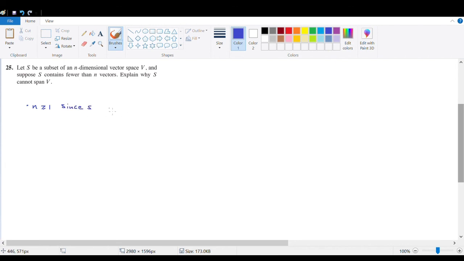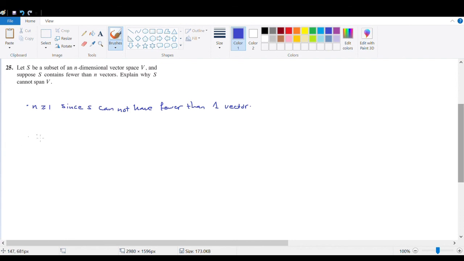Since S cannot have fewer than one vector, because we said that S is a subset of n-dimensional vector space V. So if it is a subset, that means it contains at least one vector or more. So that's why we assume that n is greater than or equal to 1.